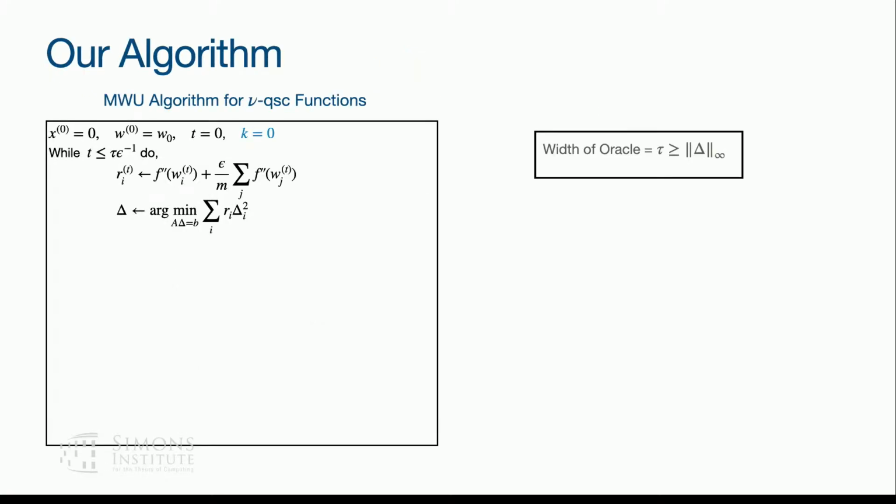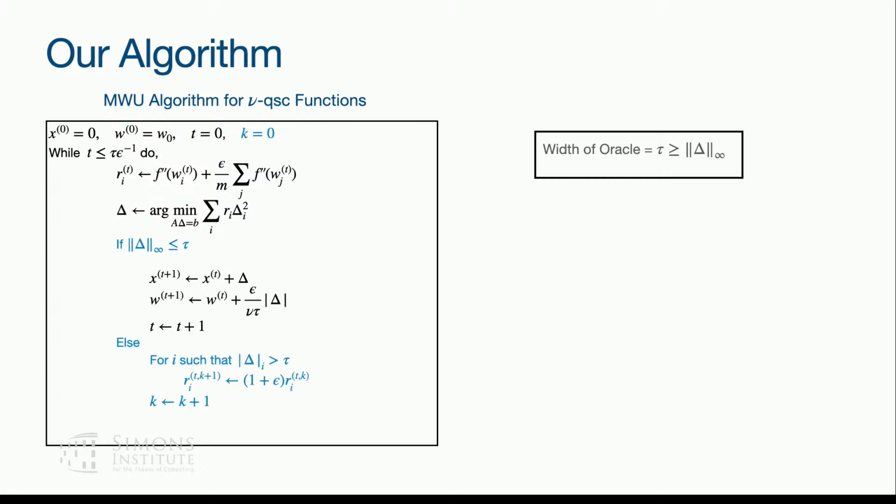So for general functions, you can use the same idea. Now you solve this quadratic problem, but now you have some regularized Hessian of the function that you're looking at, and you look at the norm of the solution. If this norm is small, so this is like m to the 1/3, you're building your solution and you're just updating your weights. But if this is large, then you look at all coordinates that are large and you penalize the thing you're solving here.